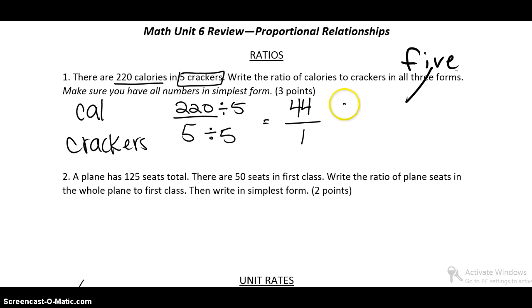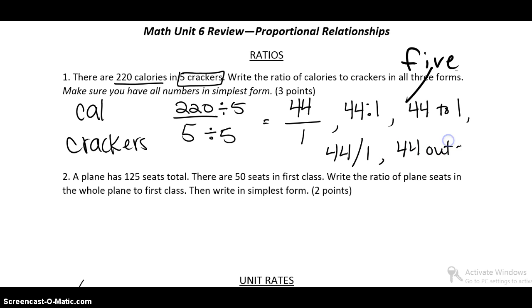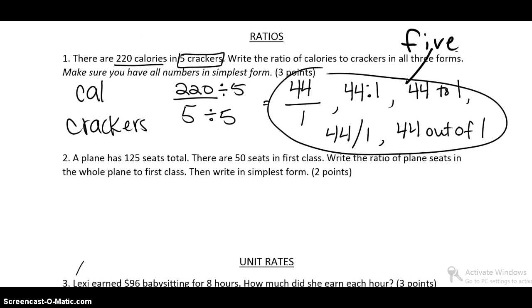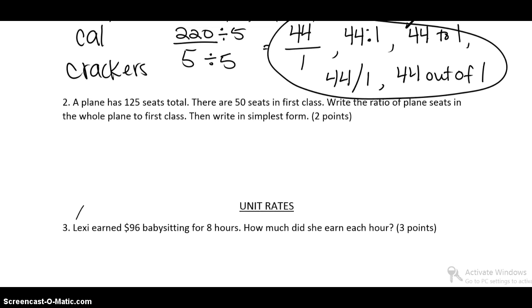The other way is using the colon, 44 colon 1, 44 to 1, using the word to, 44 per 1, that backslash means per, and 44 out of 1. We would want to see all 5 of those for your final answer for questions like this on the test. Make sure you have all 5 forms, and they're all written in simplest form.